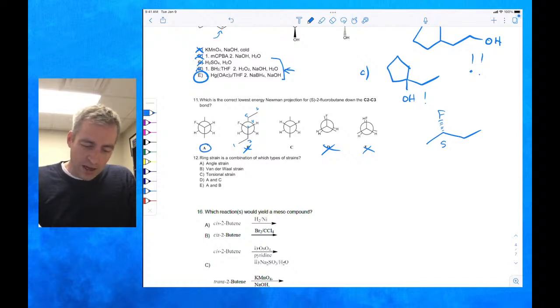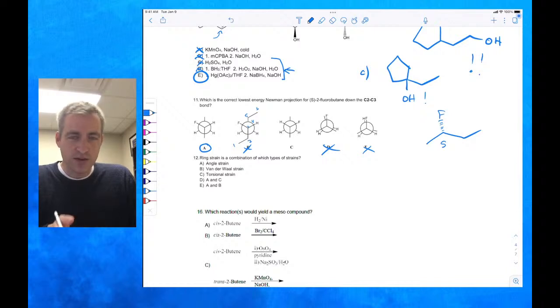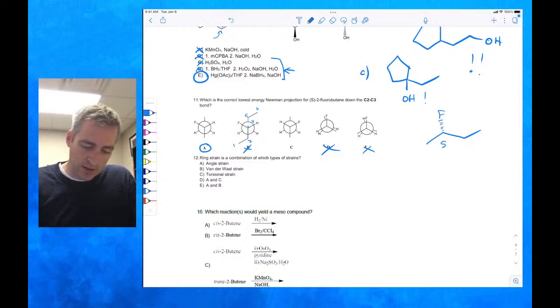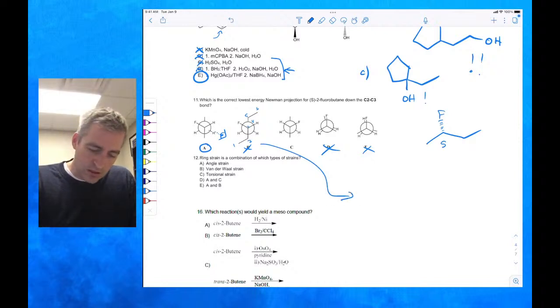How do you know? Well, you have to be able to look at those Newman projections and understand the three-dimensional shape that the Newman projection is trying to represent. So imagine you're looking at this molecule from the side. What you would see is this dot is a carbon.